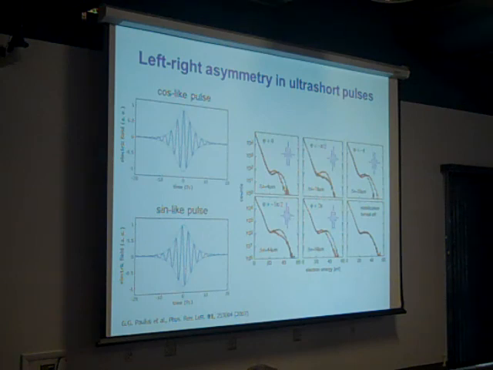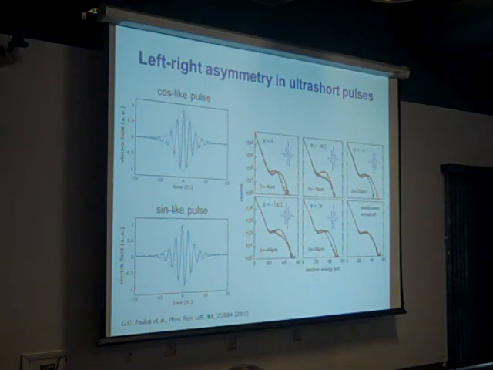But if you have a very short pulse of only 1, 2, 3 cycles or so, it certainly matters whether you have this kind of pulse form or this kind of pulse form, if you think about this rescattering picture. Now, if I send free an electron here, it experiences a field which is rather weak at this point before it gets rescattered. While if I send free an electron here, it experiences a much higher field before it gets rescattered.